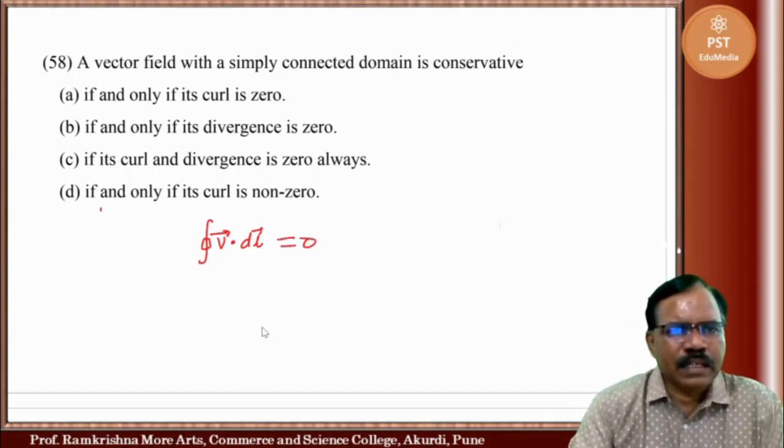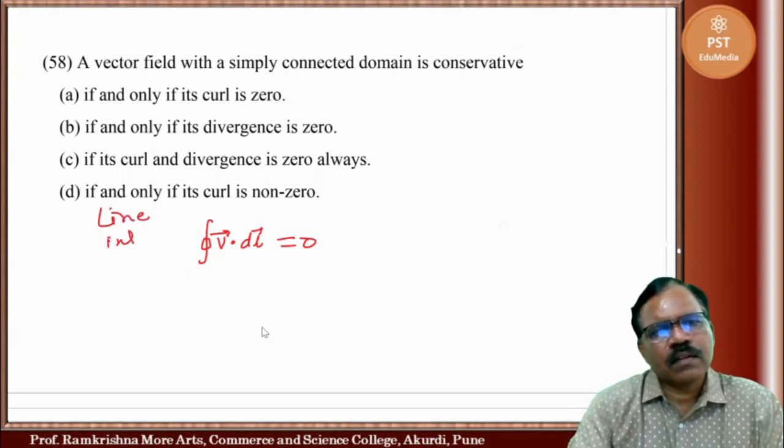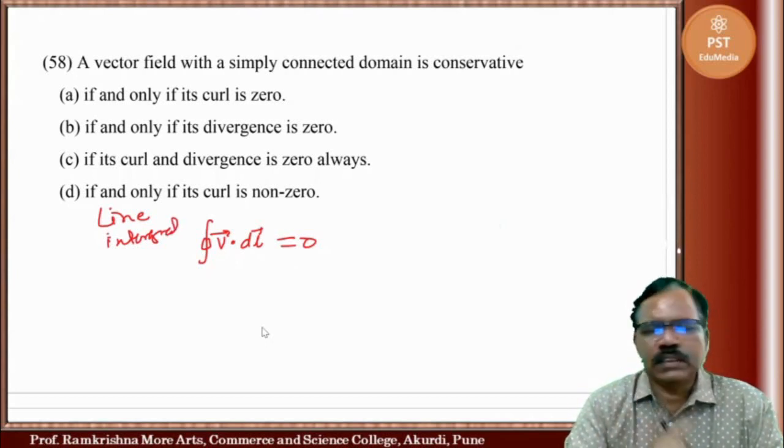So the line integral along the closed path, or it is also called circulation, when v is conservative, this is equal to 0.